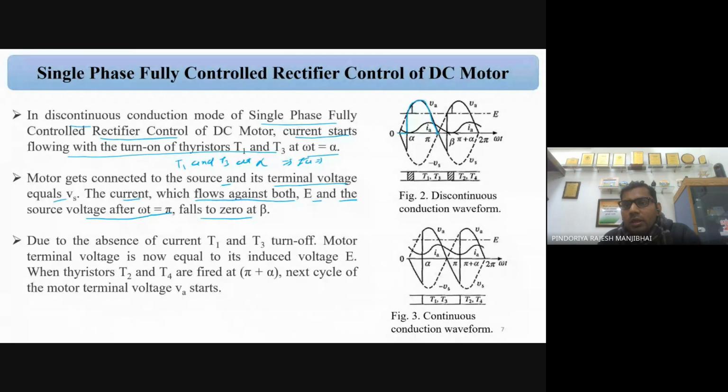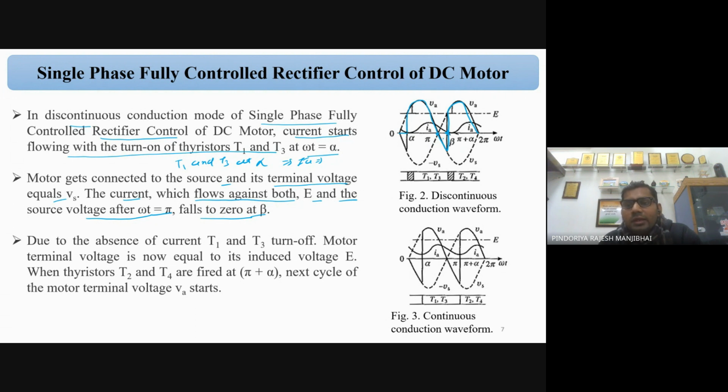Here is pi, and then it comes to here. You can see this is a zero duration, and then the next cycle goes from beta, continuing up to 2 pi. So it falls to 0 at beta. Here is a 0 and here is a 0, so the duration from pi to beta is your zero-current period.